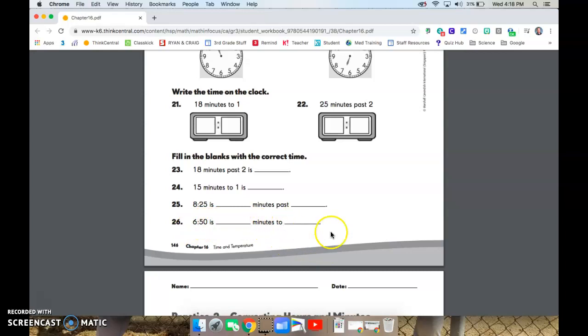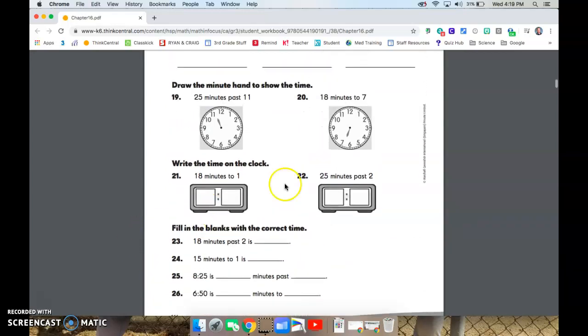So minutes to the hour, which is 7, or will be 7. So if I go to the 50, that's right here at the 10. How many minutes from the 10 up to the 12? Well, 5, 10. 50 plus 10 is 60, 60 minutes in an hour. So 6:50 is 10 minutes to 7.